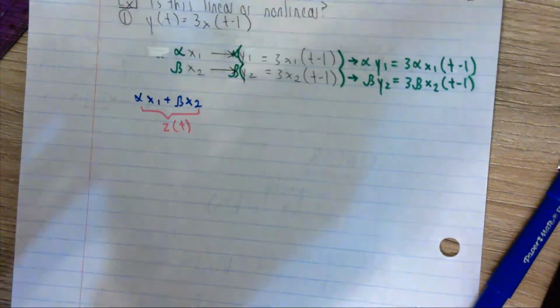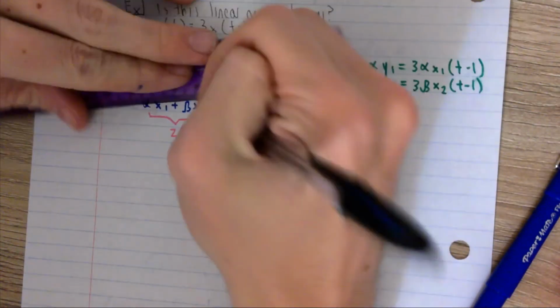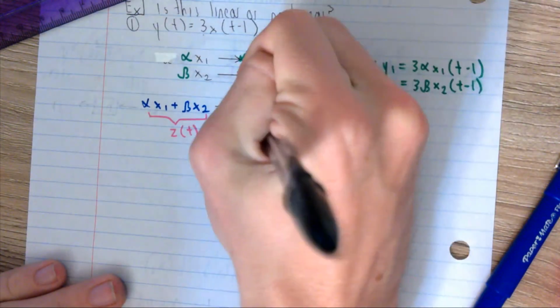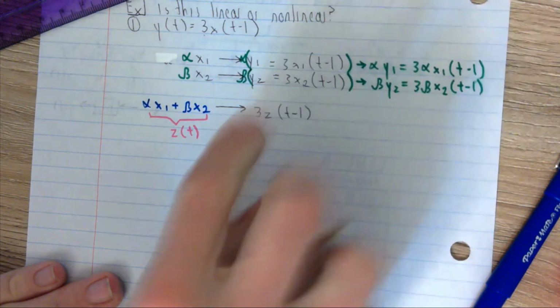Then that's going to produce an output. If we look back at the system, the output would be just 3 times whatever the input is at t minus 1. Now substitute back for what z represents.